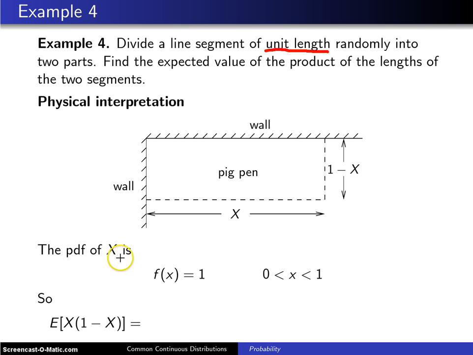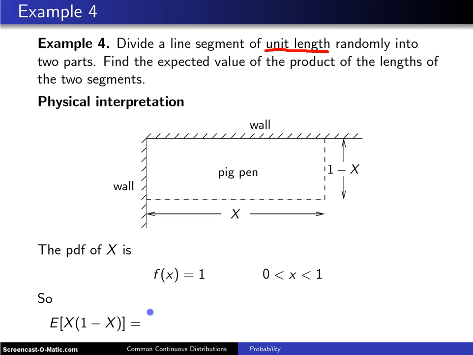The probability density function of x is f of x equals 1 for x values between 0 and 1. And remember here that x is going to be the point at which we break the line segment into two pieces. So here will be one part, and there will be the other part, and we want the expected value of the product.